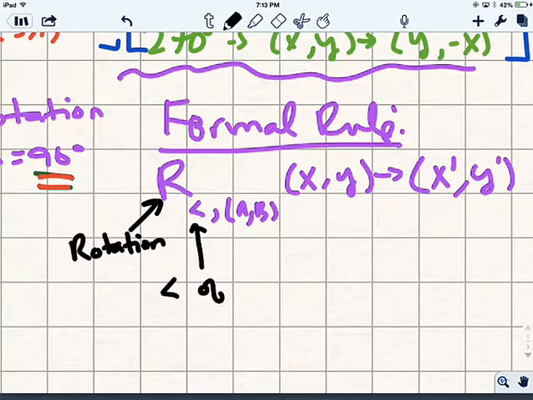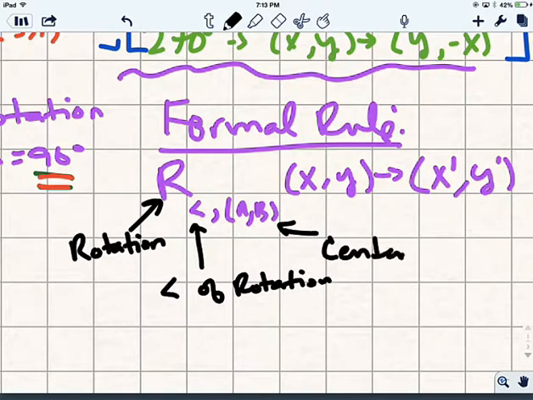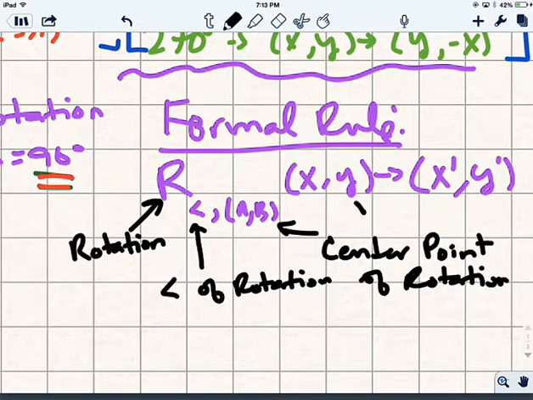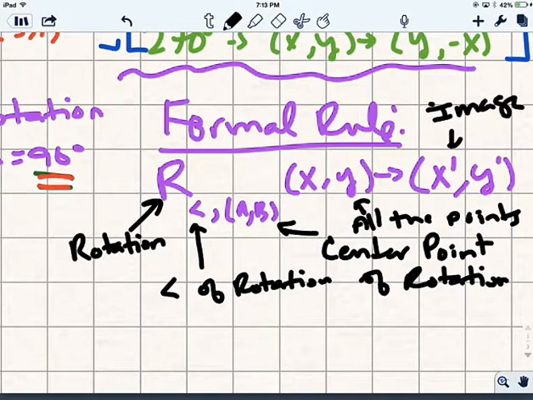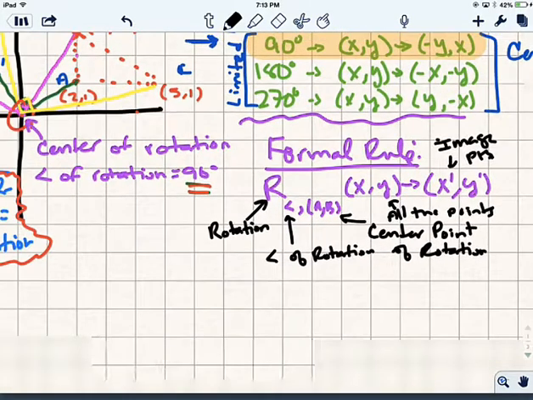That is the angle of rotation. This right here is the center of rotation. This stands for all the points you're going to translate. And these are your image points. Okay.